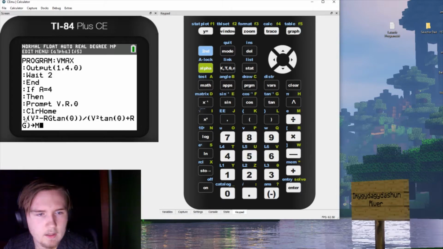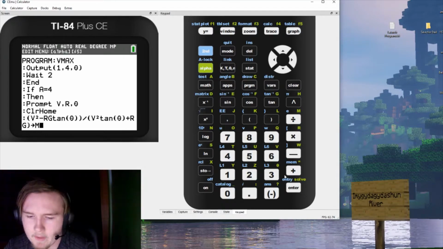That is parenthesis V squared minus RG tangents of theta, close 2 parentheses, divided by open parenthesis V squared tangents of theta, close parenthesis, plus RG, close parenthesis, store to M.